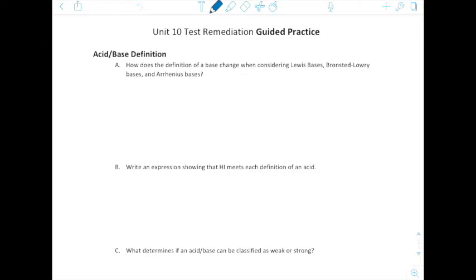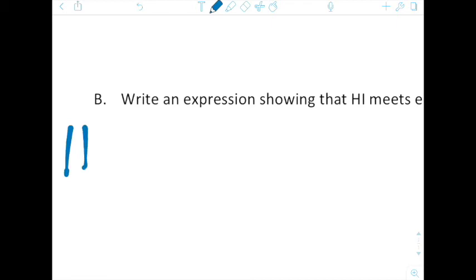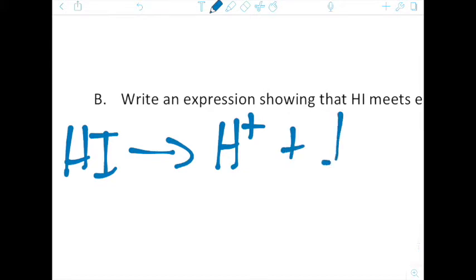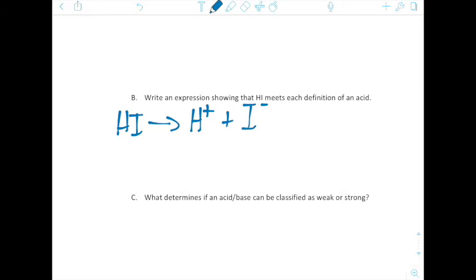B, it says write an expression showing that hydroiodic acid meets the definition of an acid. For the Arrhenius acid, it's just HI, and it produces a hydrogen ion and an iodide ion. For the Bronsted-Lowry, hydroiodic acid reacts with water.